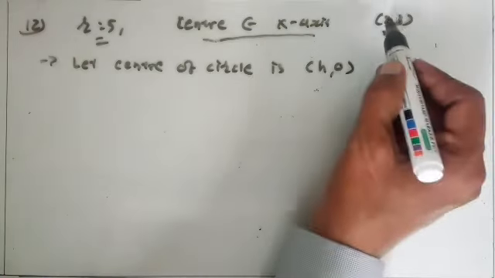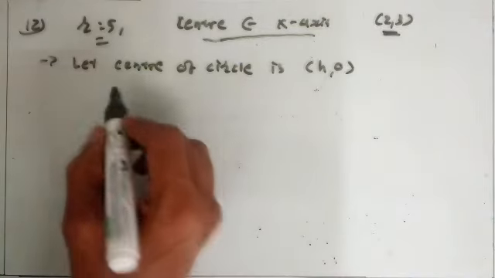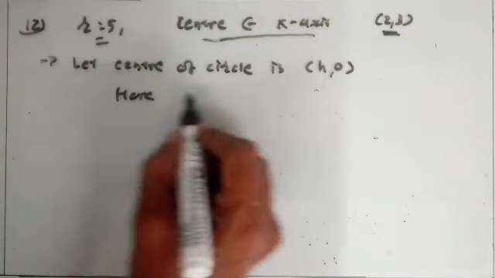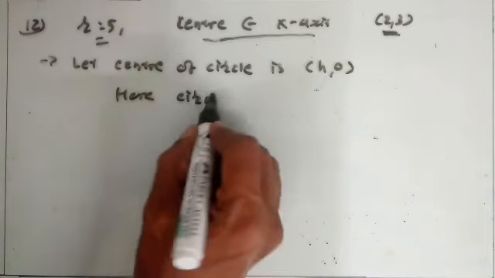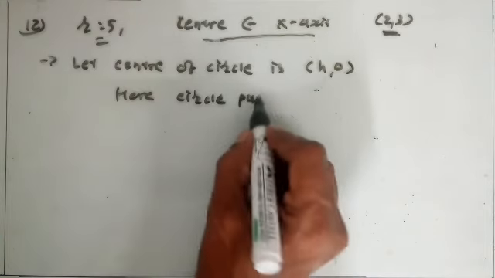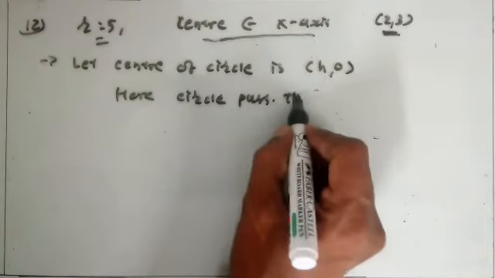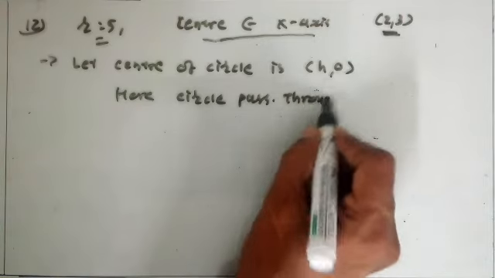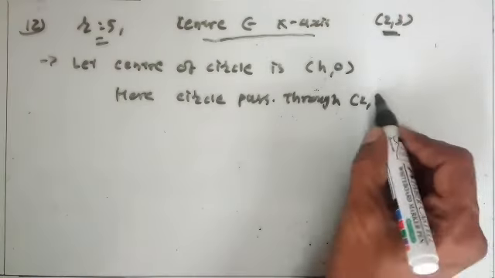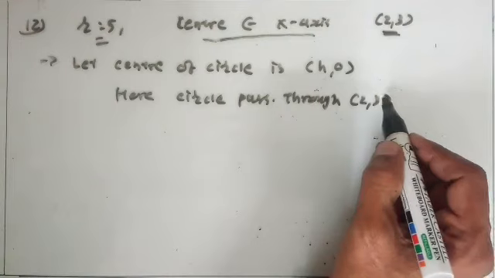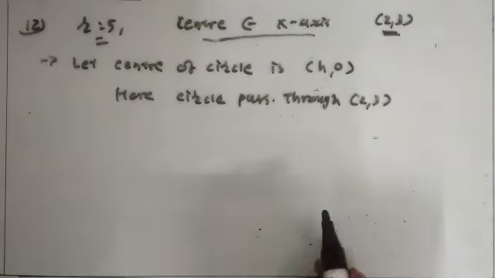Here (2, 3) is a point on the circle, that is, (2, 3) is on the circle.